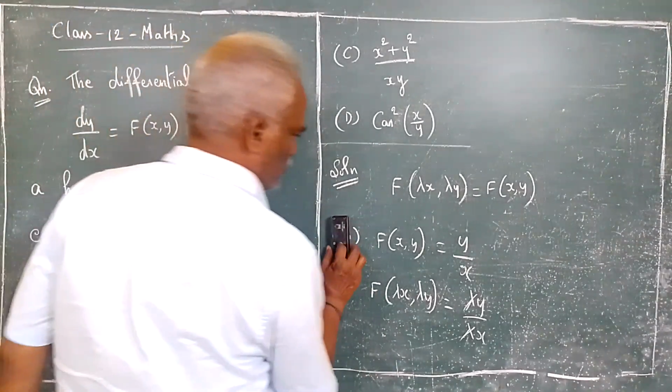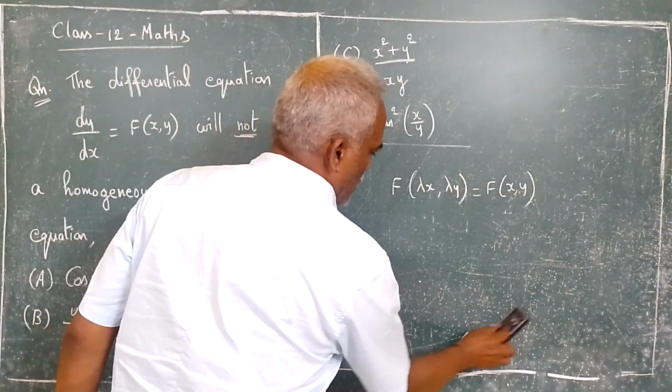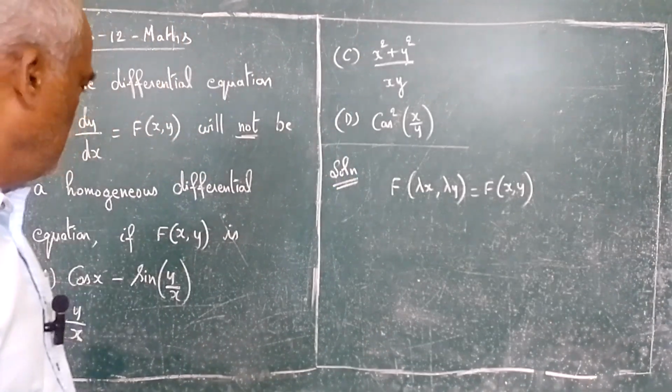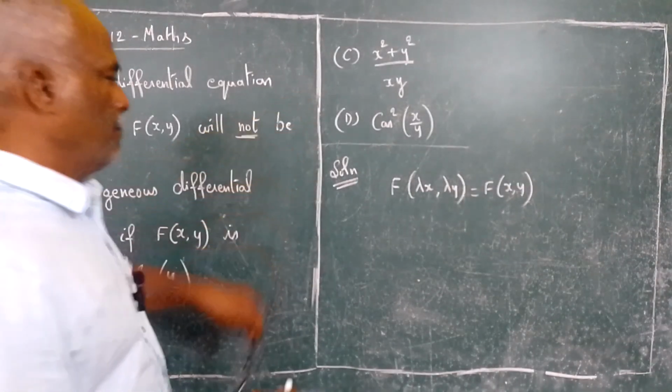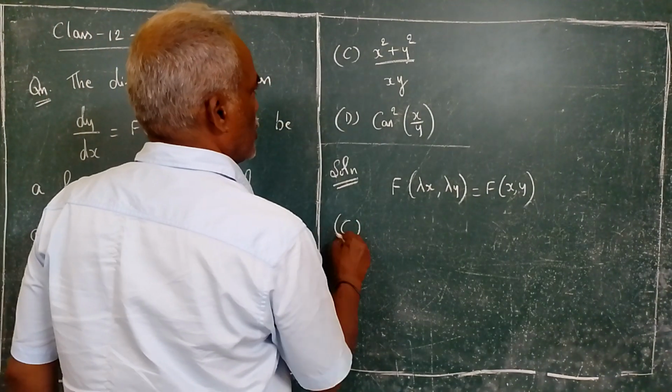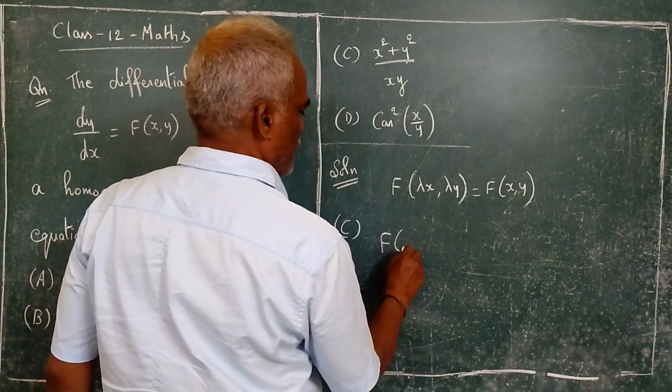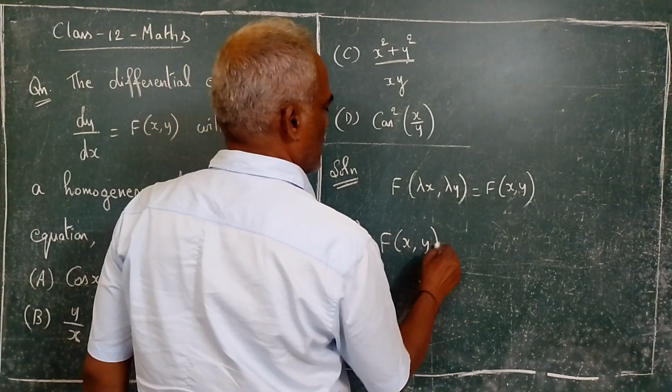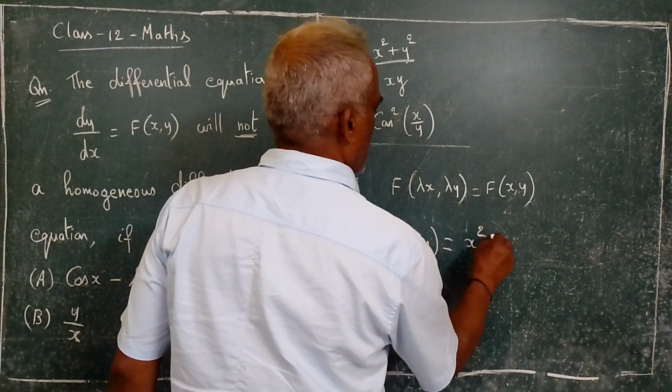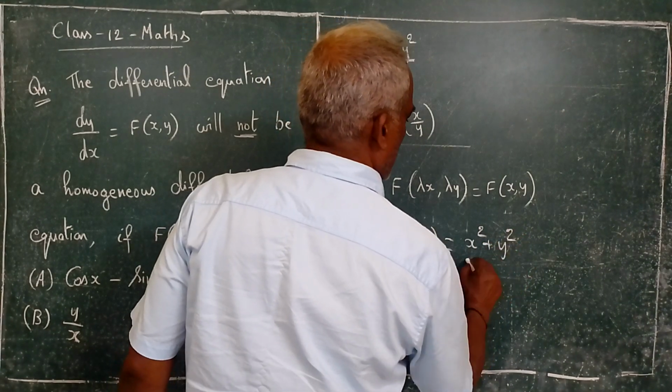Next we will go for option C. Option C, f of x comma y is given as x square plus y square by xy.